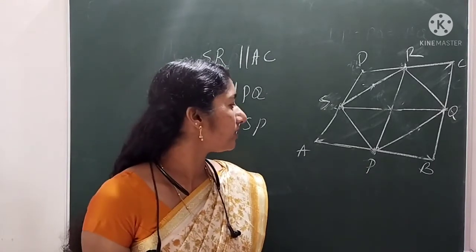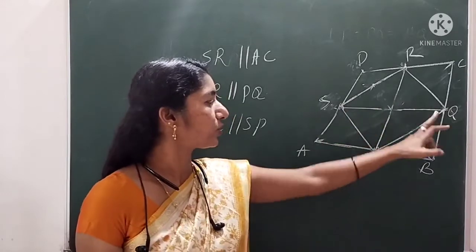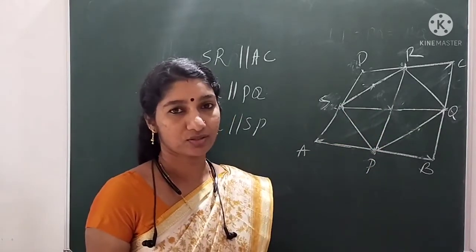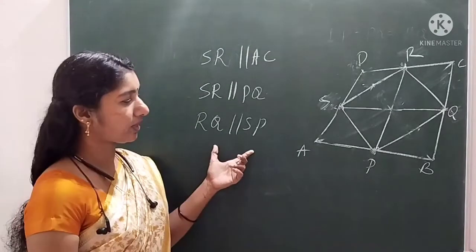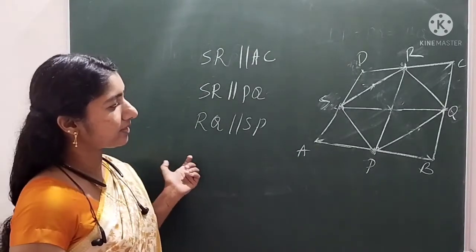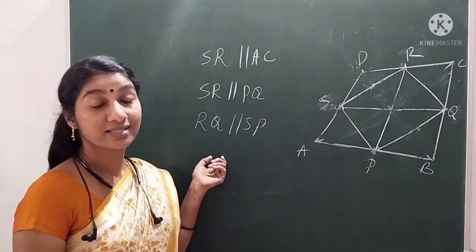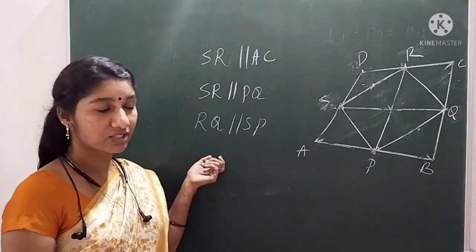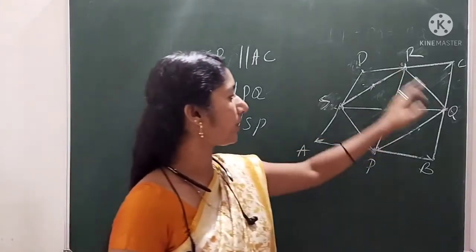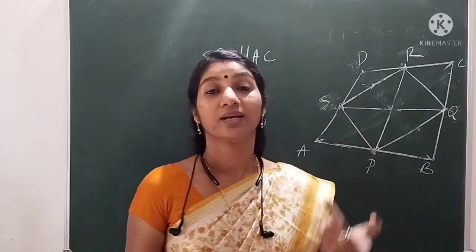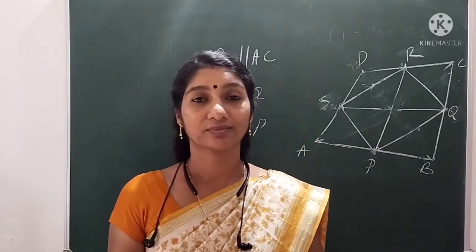So PR and SQ bisect each other. Okay, you have to write that much. You need to write here PQRS is a parallelogram. Now, PR and SQ are the diagonals. Since it is a parallelogram, diagonals bisect each other. So, hence the proof. We needed to prove that PR and SQ are bisecting each other.